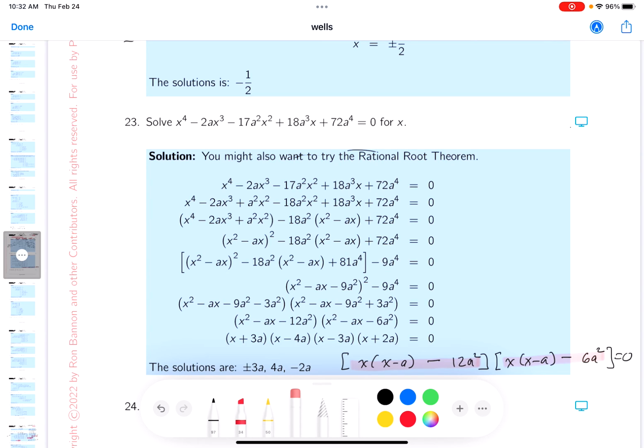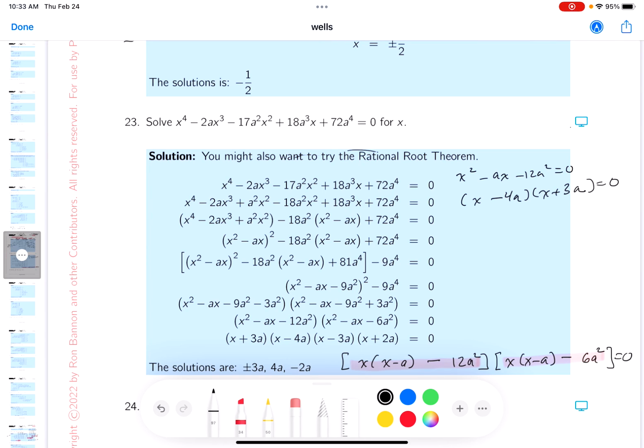So let's take the first factor, and I'm going to simplify it. And what do you get? You get x squared minus ax minus 12a squared is equal to 0. And that looks factorable too. Let's see. Looks like 3 and 4, right? Let's make sure that works.